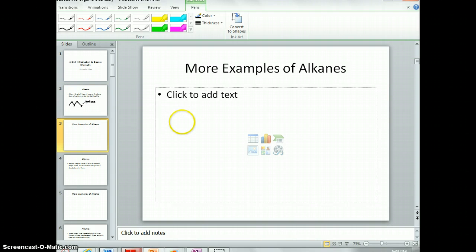We'll do something a little more in depth. As you can see, what we always have to do is find our longest chain. It would appear to be right here: 1, 2, 3, 4, 5, 6, 7.